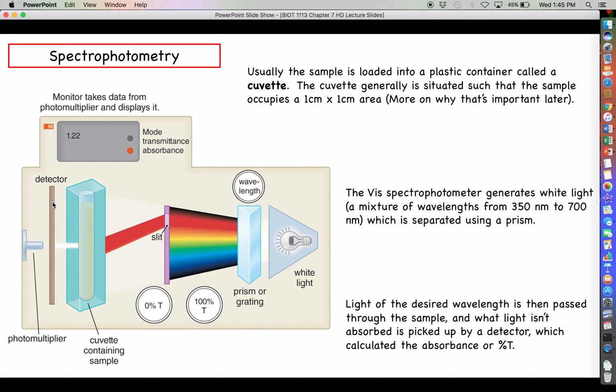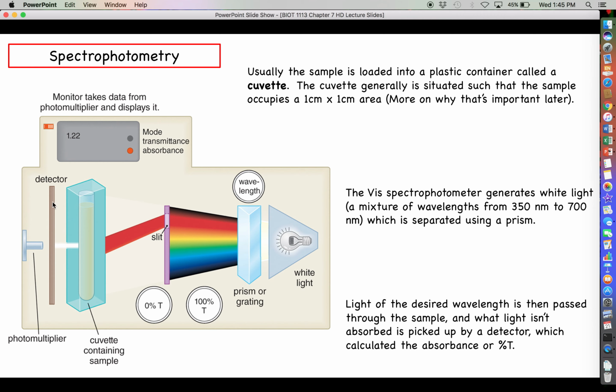What you need is an ultraviolet spectrophotometer. Those wavelengths that are less than 350 are not in the visible wavelengths, they're in the UV range. So a UV spectrophotometer uses instead a deuterium lamp to be able to generate those wavelengths that are in the UV range, between 100 nanometers and 350 nanometers.